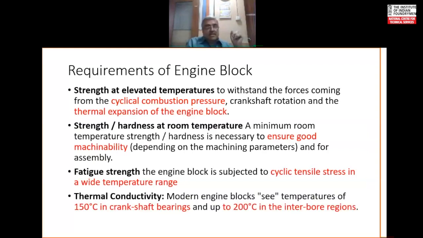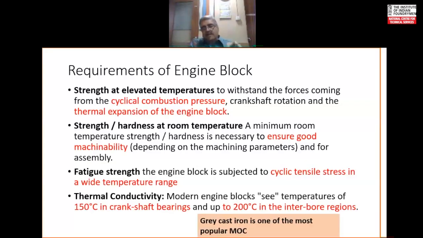The block material has to have good thermal conductivity. For example, in modern engine blocks, you'll find that the crankshaft bearings reach a temperature of 150 degrees centigrade, while the interbore regions of the casting section may see temperatures up to 200 degrees centigrade.